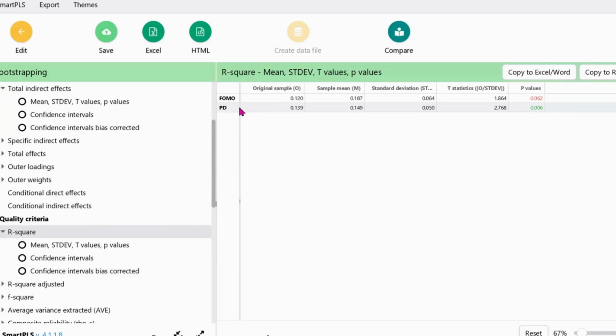Purchase decision has an R-square value of 0.139. This indicates that FOMO explains approximately 13.9% of the variance in purchase decision. Although these values are relatively small, they are still considered acceptable in behavioral studies because consumer behavior is influenced by many factors beyond those included in this model.